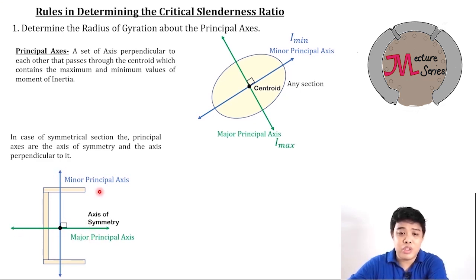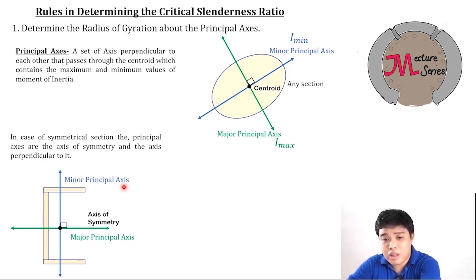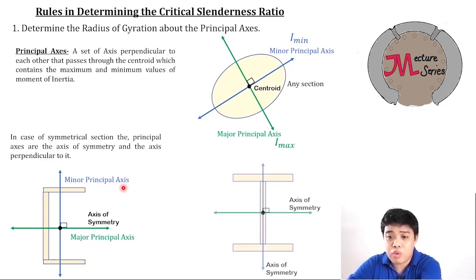These are now the major and minor principal axes. The axis of symmetry is not always the major principal axis. This is just for my illustration. It might be that the axis of symmetry is the minor principal axis and the other one is the major principal axis. This statement logically holds true. For example, you have an I section wherein both of the axes are axes of symmetry.